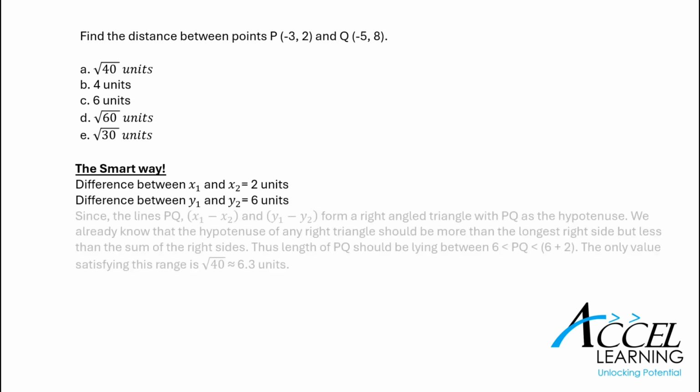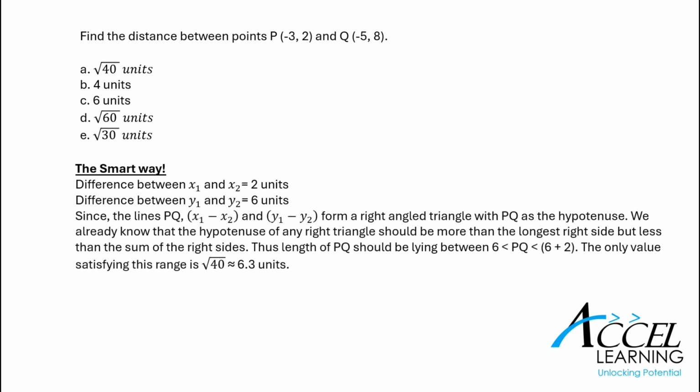The difference between x1 and x2 is 2 units. The difference between y1 and y2 is 6 units. Since the lines PQ, x1 minus x2, and y1 minus y2 form a right-angled triangle with PQ as the hypotenuse, we already know that the hypotenuse of any right triangle should be more than the longest right side but less than the sum of the right sides.